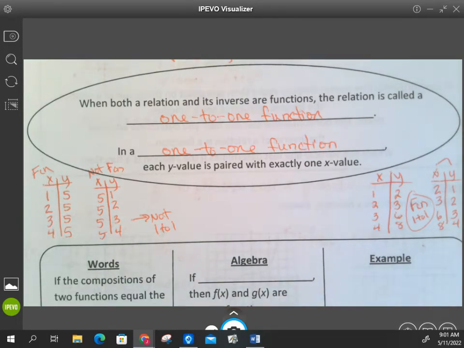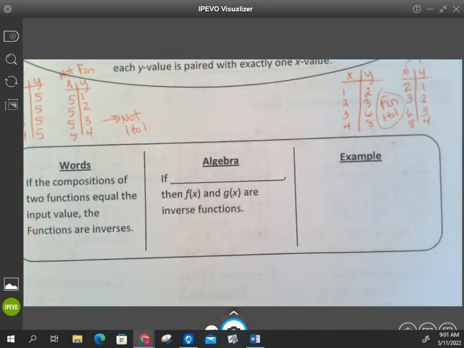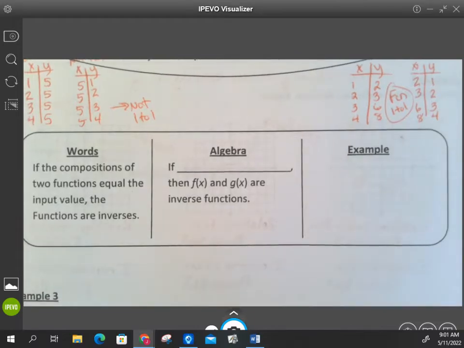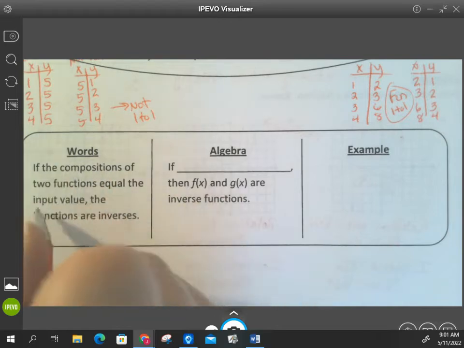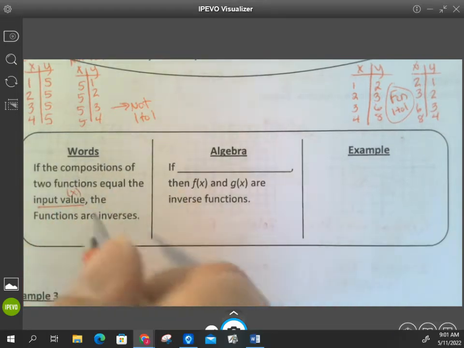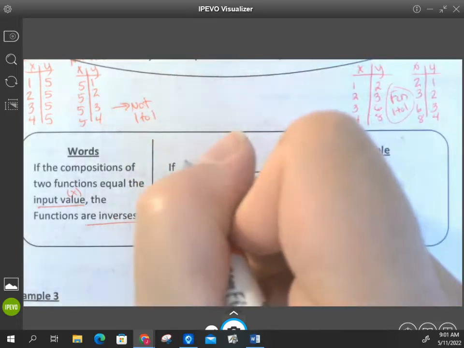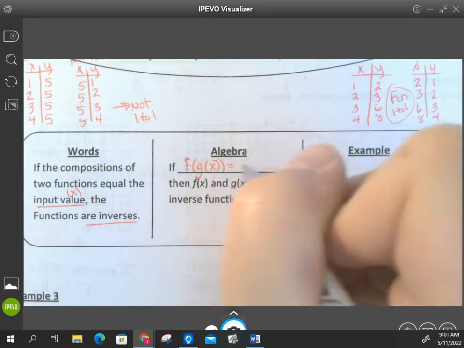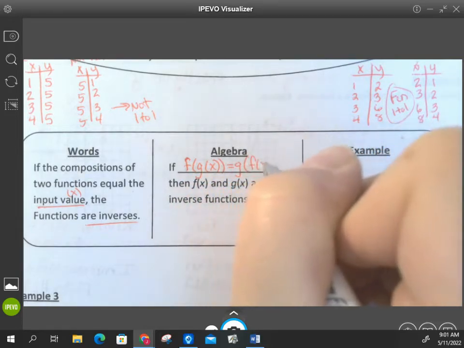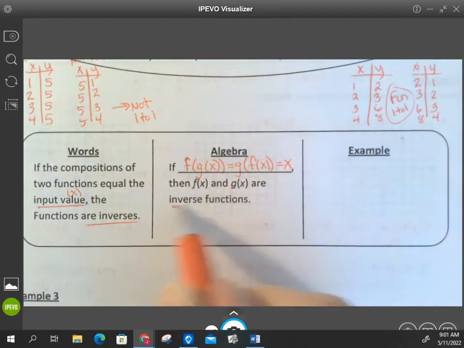Okay? That's the idea. Now, we are going to change ideas here, and we are going to use what we know about compositions to see if they're inverses. So the compositions of two functions equal the input value, or x, if the functions are inverses. So if the composition f of g of x equals g of f of x, which equals x, then these are inverse functions.